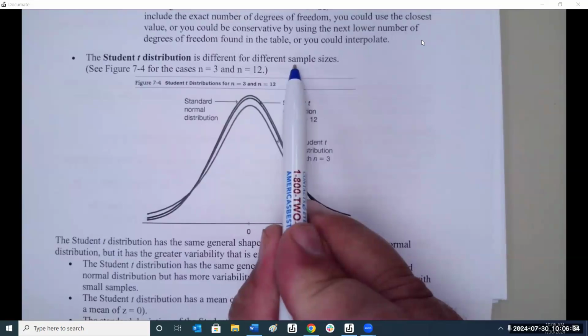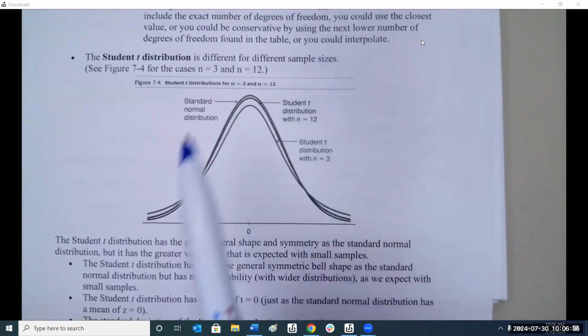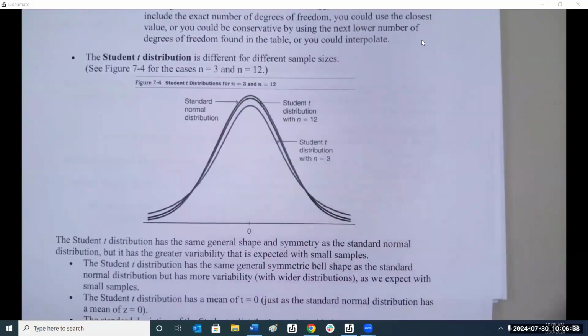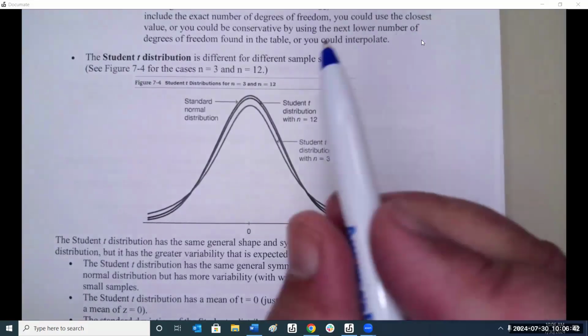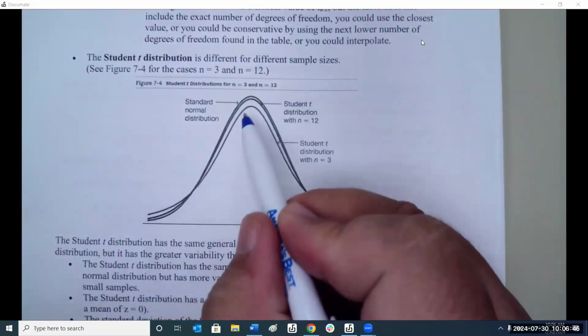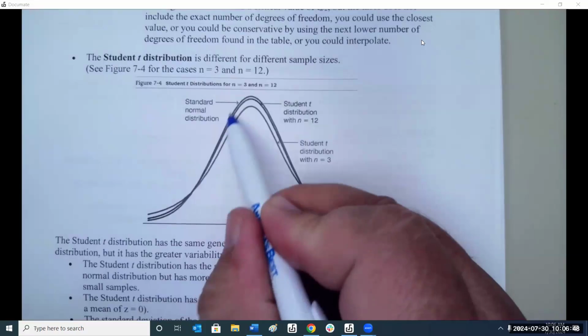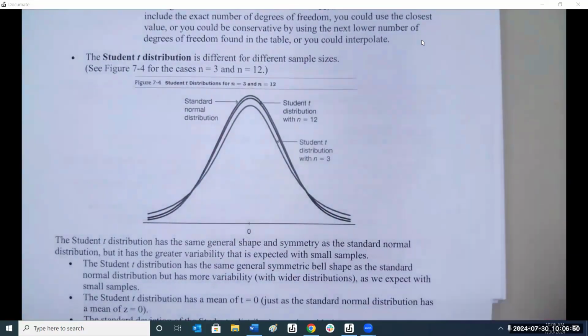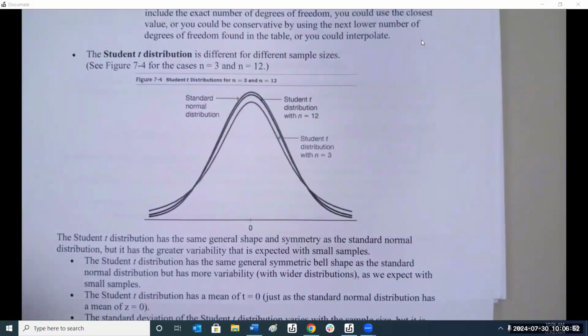depending on your sample size, it changes your distribution. So the top one, the highest one, is your standard normal distribution. That's the general set we use for calculations.